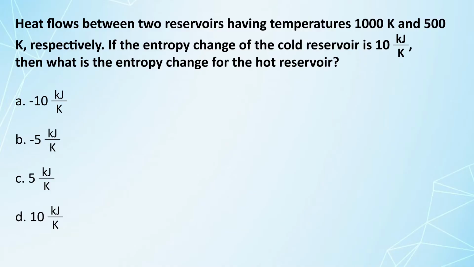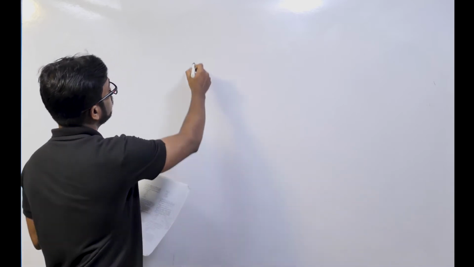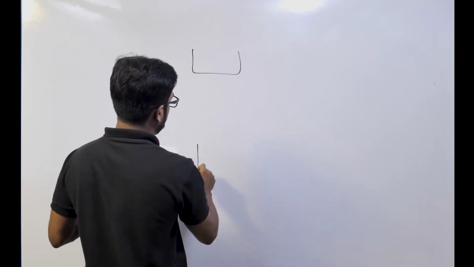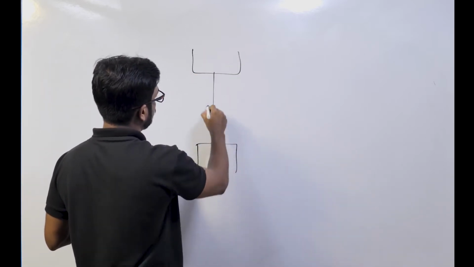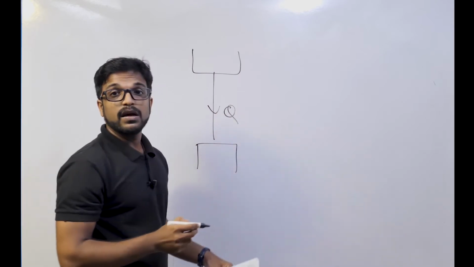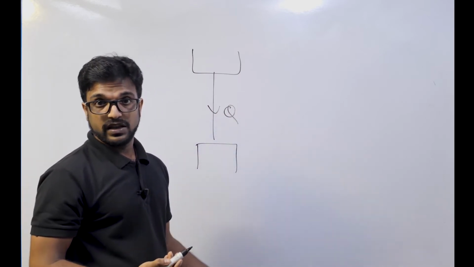Heat flows between two reservoirs having temperatures 1000 Kelvin and 500 Kelvin respectively. If the entropy change of the cold reservoir is 10 kilojoule per Kelvin, then what is the entropy change for the hot reservoir? So let's draw the schematic diagram here. So heat is flowing from the hot reservoir to the cold reservoir. Remember, there is no engine in between here, okay?